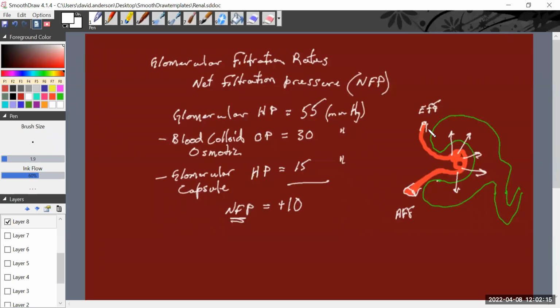If the efferent arteriole has a smaller diameter than the afferent arteriole, what happens to blood flow in the glomerulus? It will take more time to filter. Yeah, so it's going to slow down, right? It can't leave as quickly as it arrived.